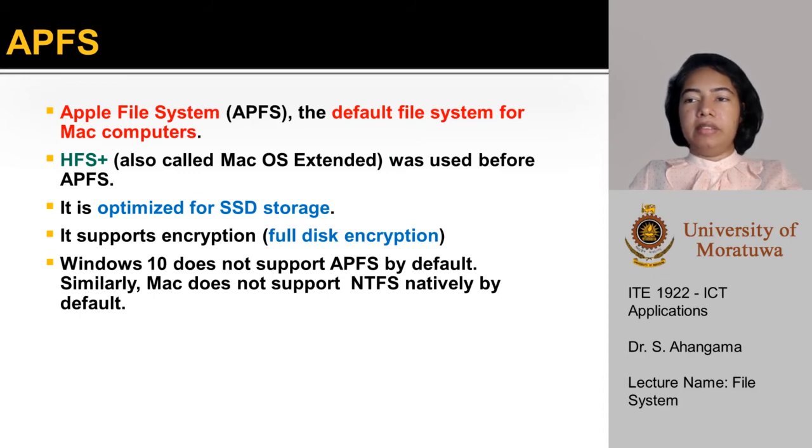It is optimized for SSD storage. It supports full disk encryption, also known as whole disk encryption, which means that everything on the disk is encrypted. However, the master boot record, or MBR, or a similar area of a bootable disk is not encrypted.